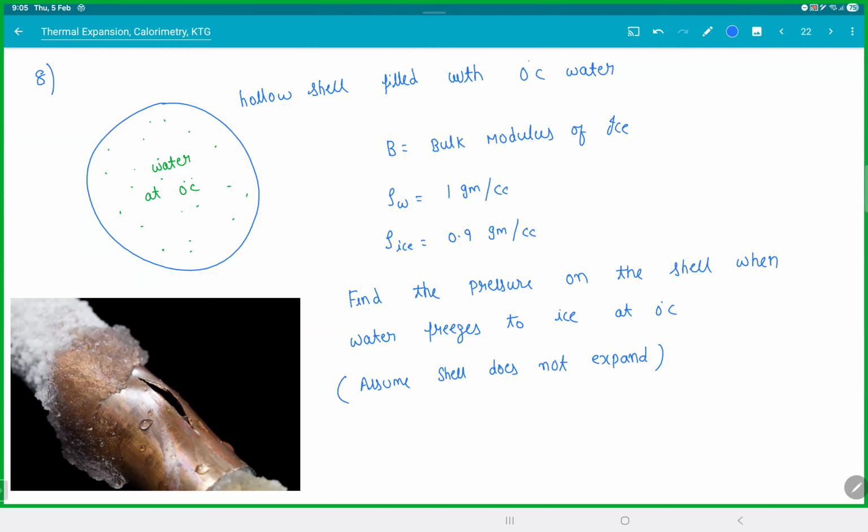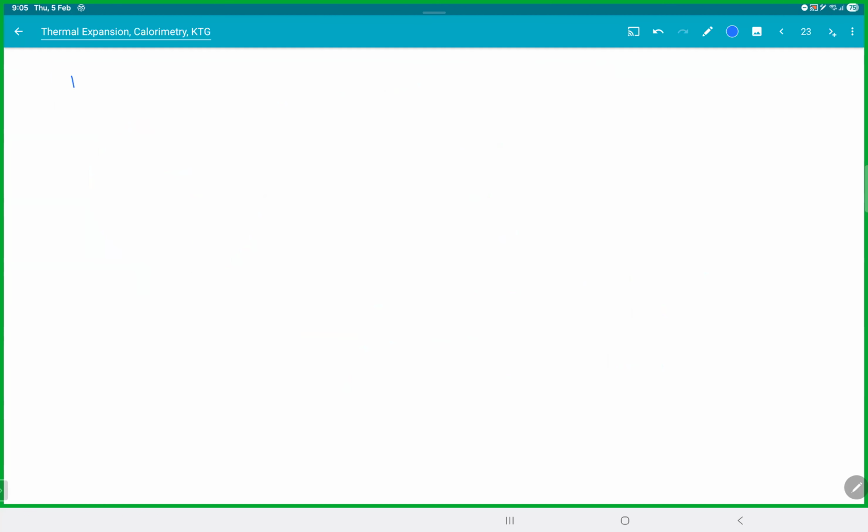Again, same story here. I hope you remember the bulk modulus. So the bulk modulus formula is minus dP times V by dV.